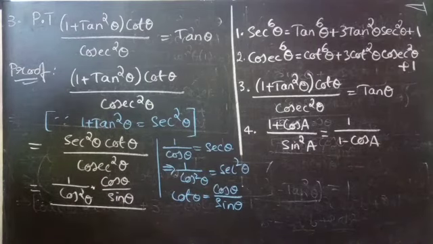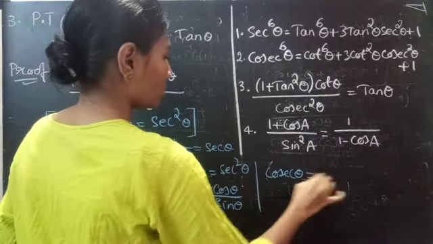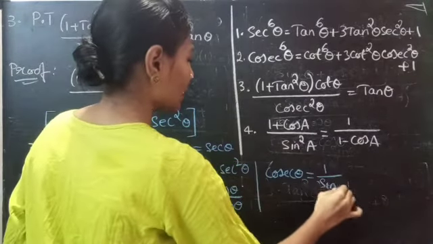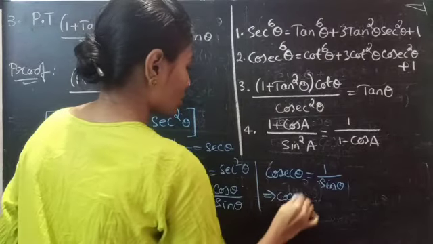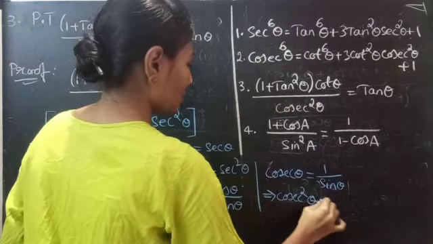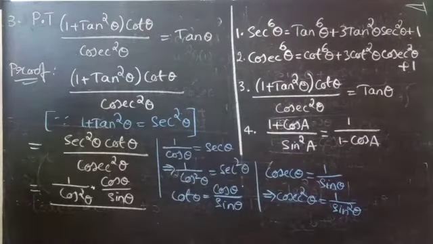We know that cosecant theta equals the reciprocal of sin theta, so if you square on both sides, you'll get cosecant square theta equals 1 by sin square theta.